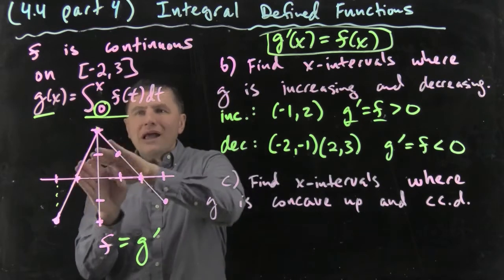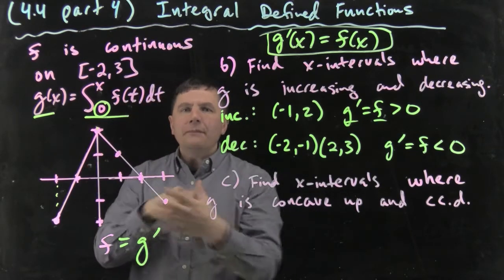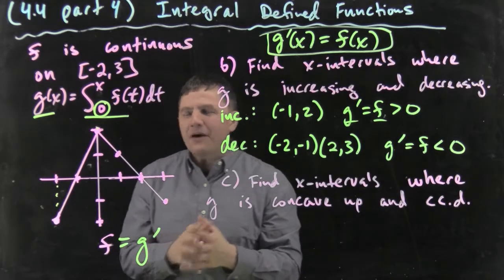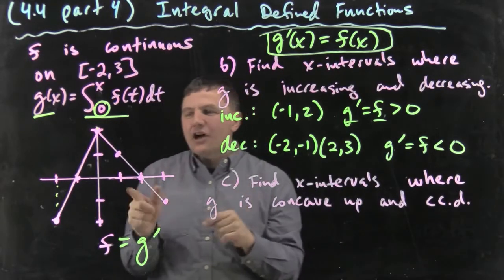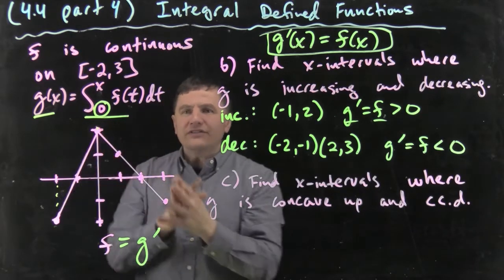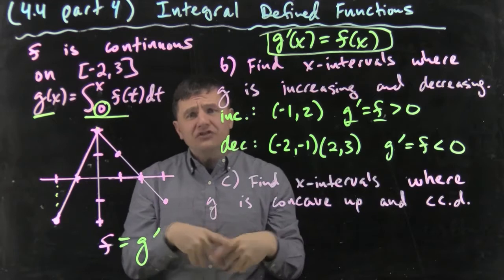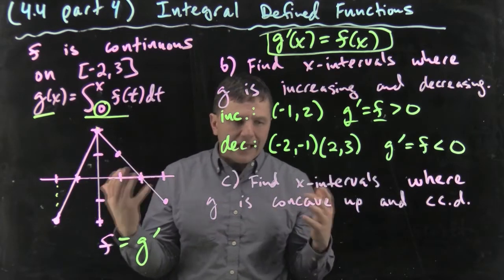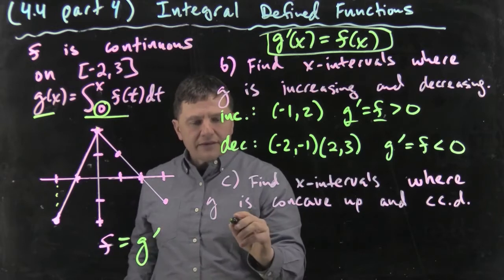So when g prime is increasing, it means my double derivative is positive, which means g is concave up. I know it's a lot. And on the other side of that, when g prime is decreasing, that means that g double prime is negative, which means that we are concave down.